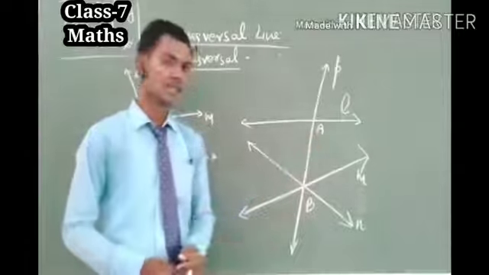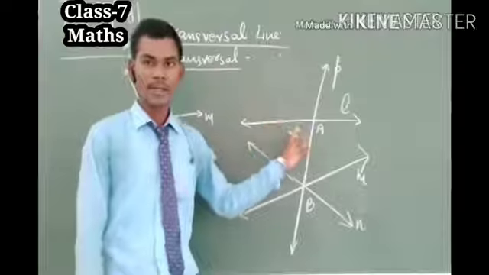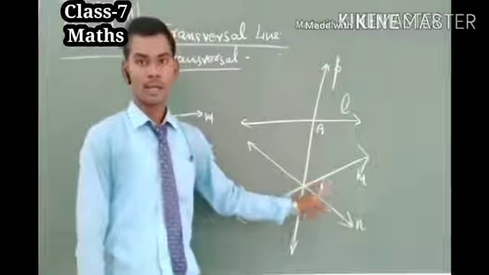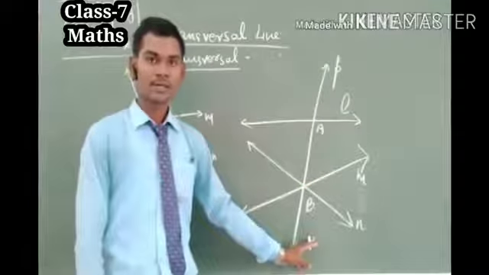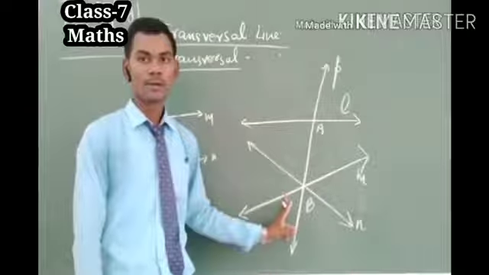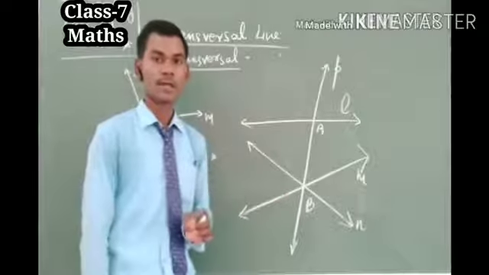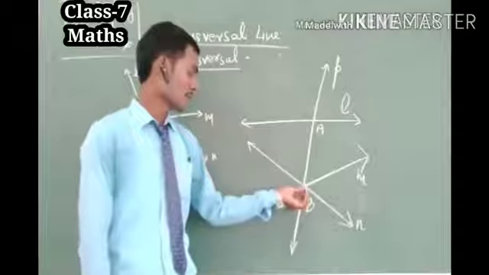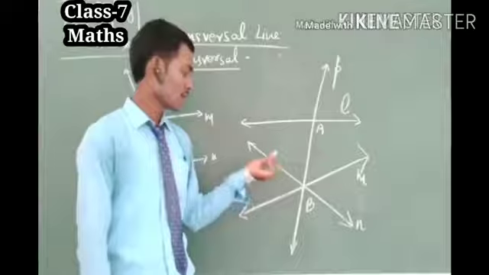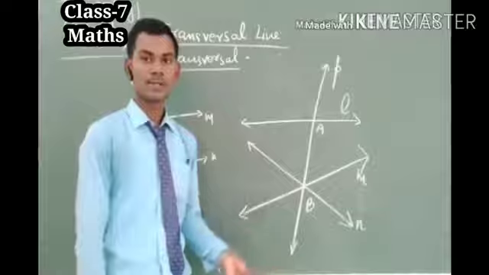But in this figure we see that the line P intersects the line L at the point A, but the lines M and N are intersected by the line P at only the point B, so it is not a transversal line, because the point of intersection B is the same for the lines M and N.